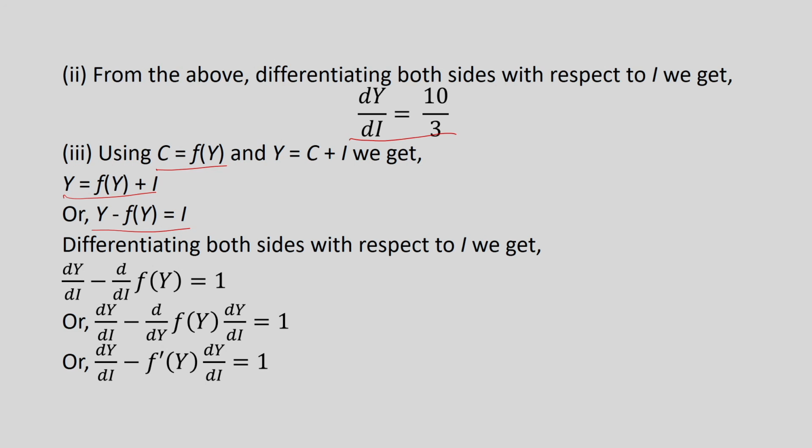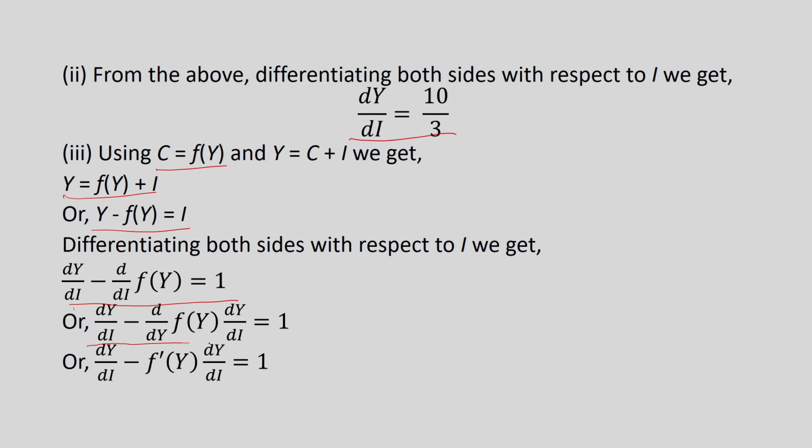Now, comes the role of the implicit differentiation. I differentiate both sides with respect to I, because I have to find out dy di. And if I do that, I get this term dy di minus d di of f of y is equal to 1, because di di is equal to 1.